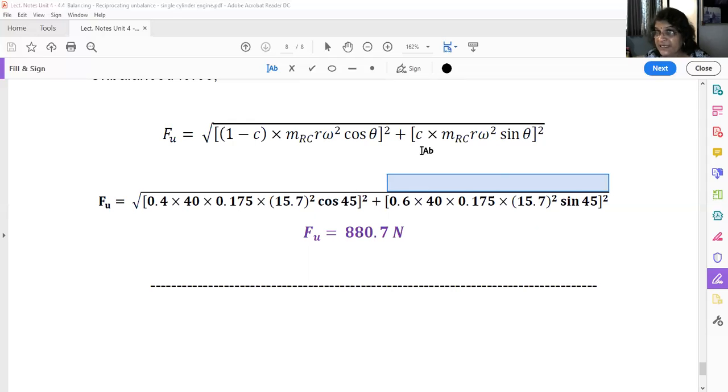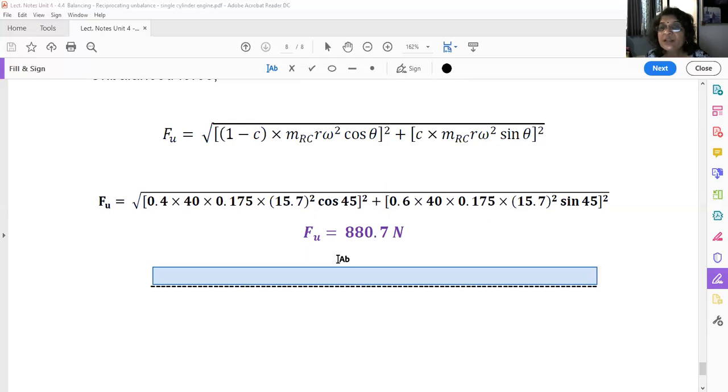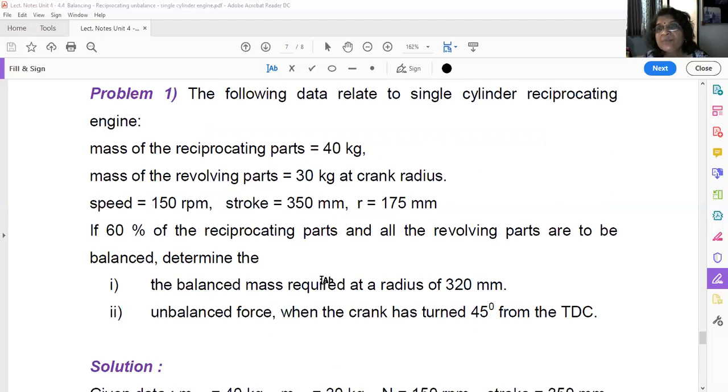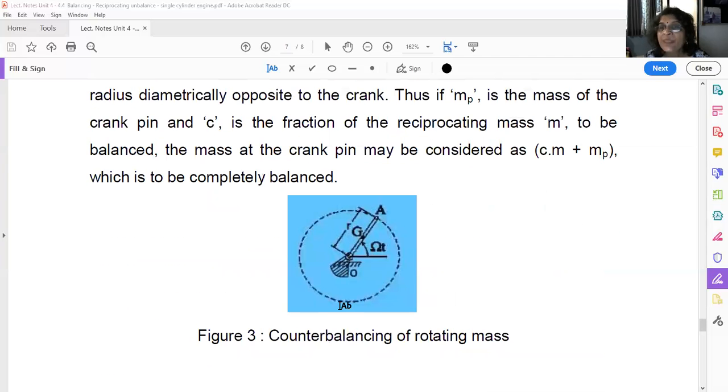C times, so C is 0.6, MRC is 40 kg, R is 0.175, omega is 15.7 and it is sin 45, bracket square. So this much unbalanced force is remaining, 880.7 Newton. Okay, so you cannot completely balance the engine, but we are partially balancing it, and still after providing this counter mass, 880 Newton unbalanced force will be remaining.